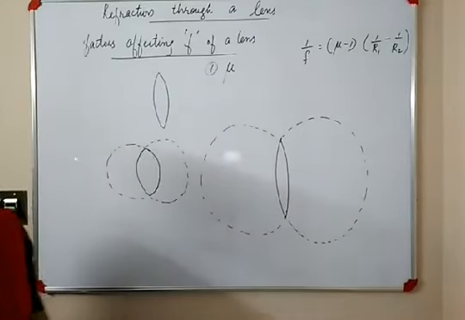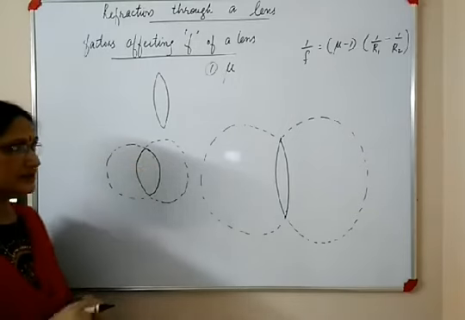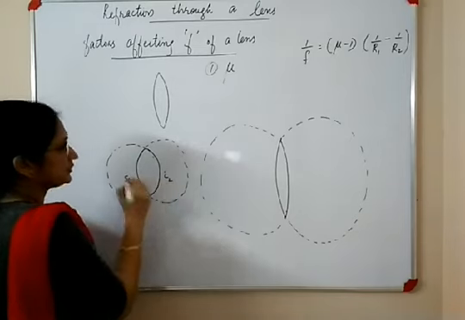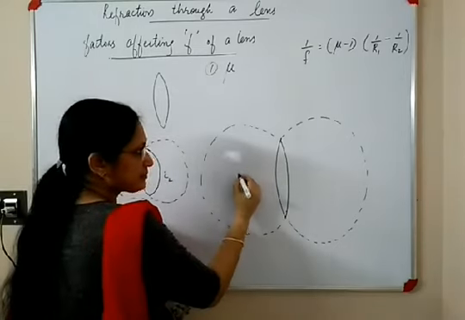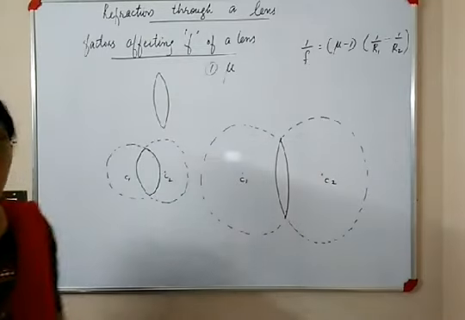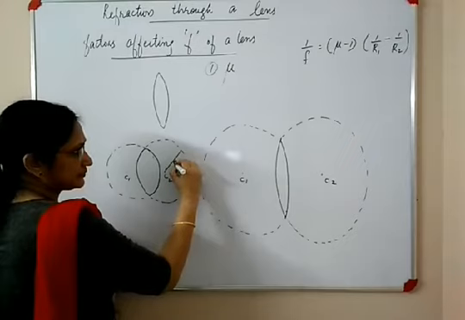So it is quite clear that a thick lens is made of two small spheres. These are the centers of curvature, C1 and C2. A thin lens is made of two big spheres. You know, radius of curvature means it is the radius of the sphere.